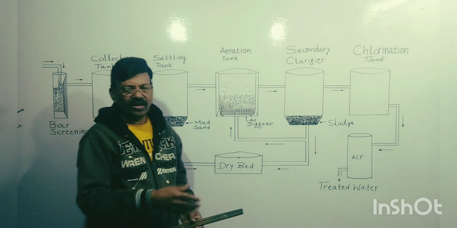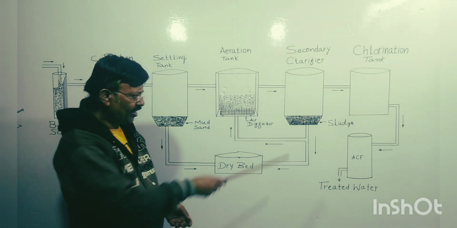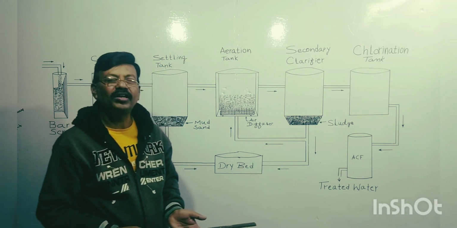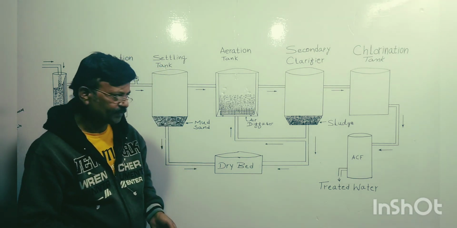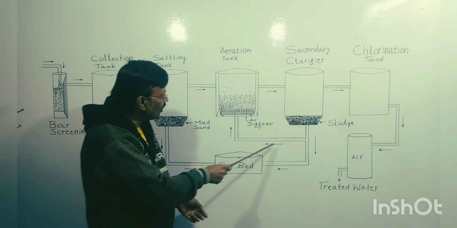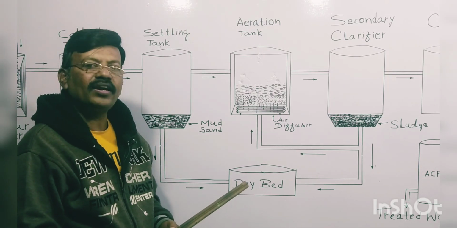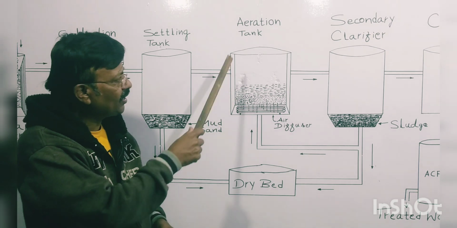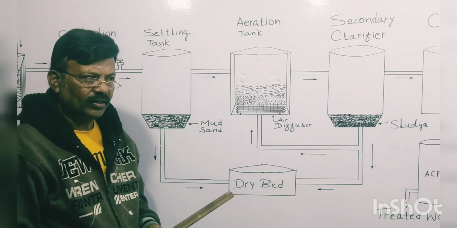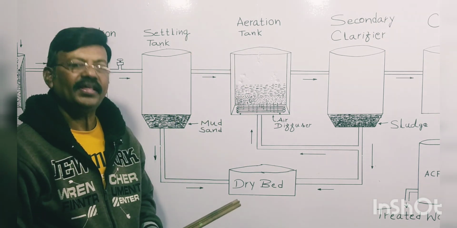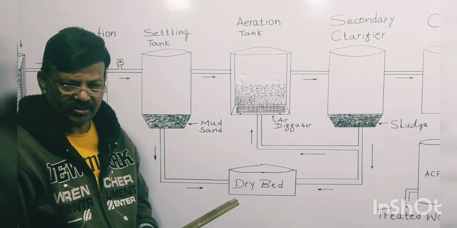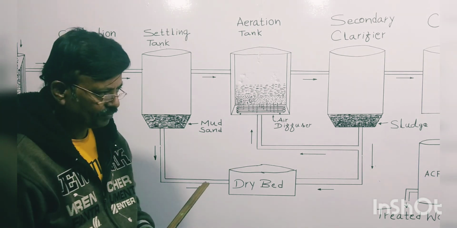A few minutes back I explained that activated sludge is nothing but fully grown adult bacteria, and now we have taken it back to the aeration tank. What will these adult bacteria do in the aeration tank? Simply, they reproduce their population in huge amounts.